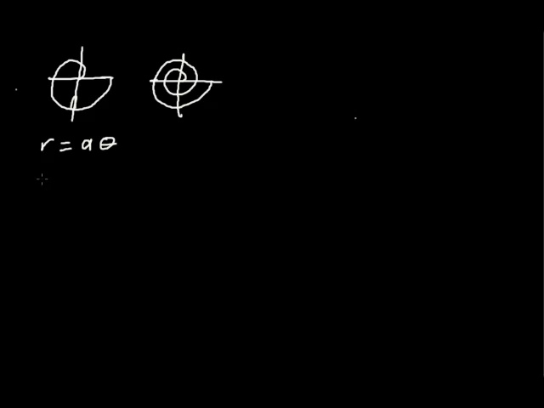Now, what we're going to want to do is ask ourselves how to determine this a parameter for the spiral we want to draw. In order to do this, you're going to want to determine what your starting and ending radii are going to be. Our minimum radius is going to be determined by how large of a shaft or hub you need to attach to the cam, and then the maximum radius is going to be determined by the travel you need for the cam follower.